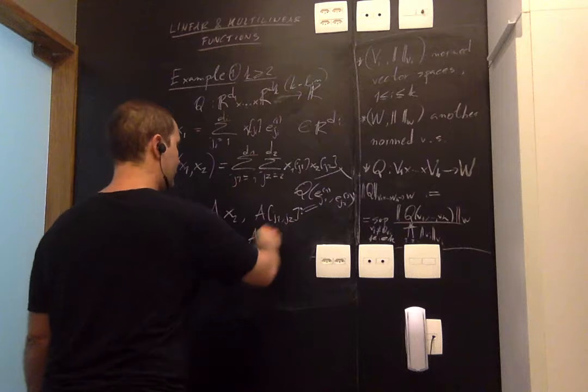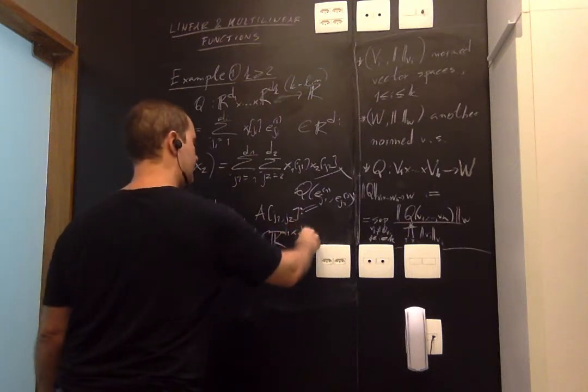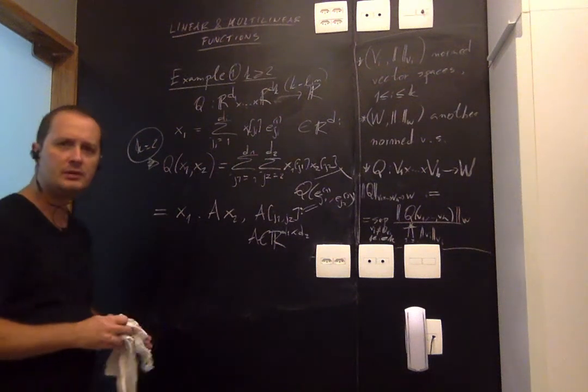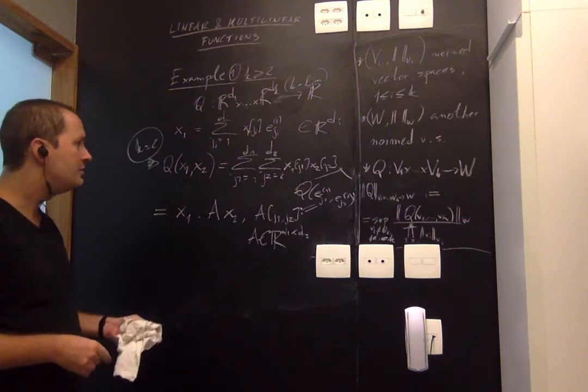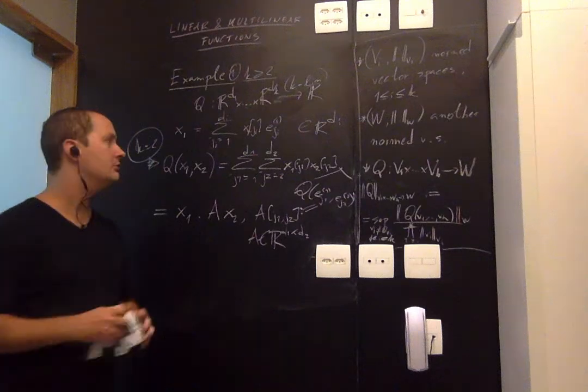So A is an element of R^{d_1 x d_2}. I realize this can be a bit confusing, but it's mostly a matter of notation. Once we get going and start writing these things over and over, we get used to them.